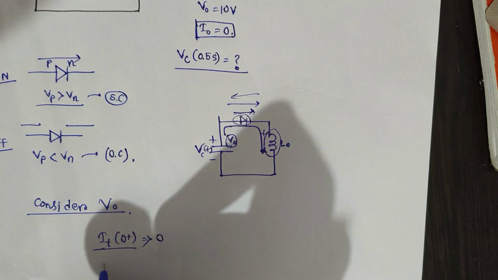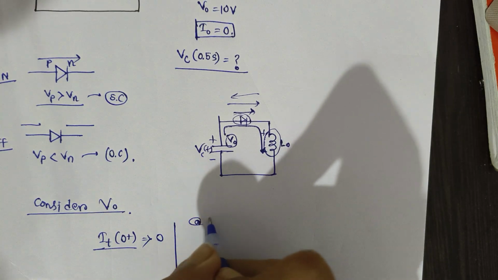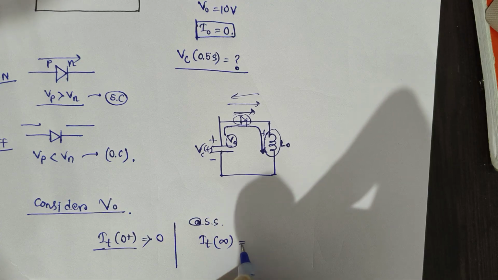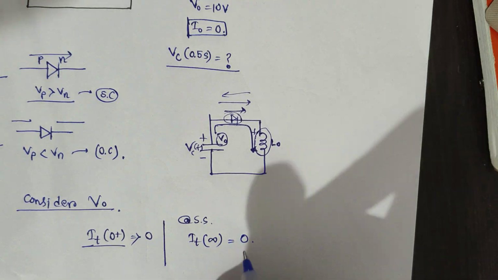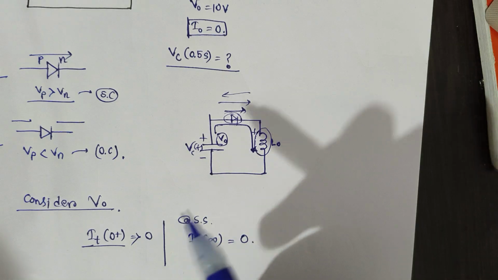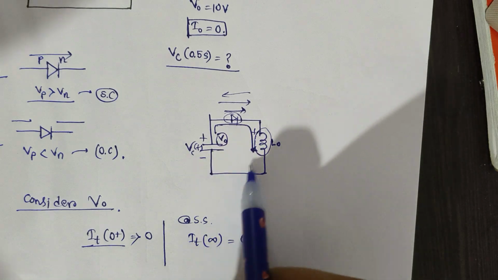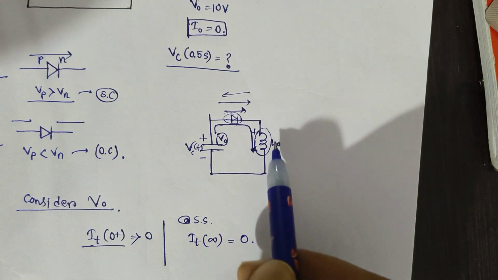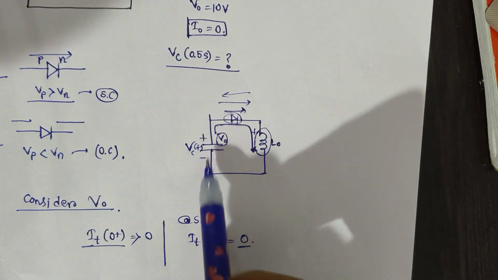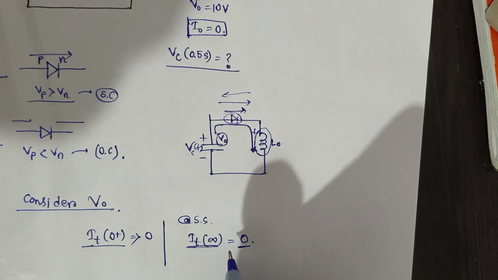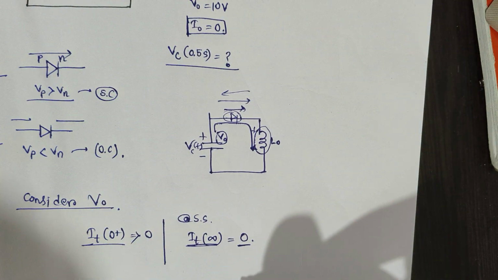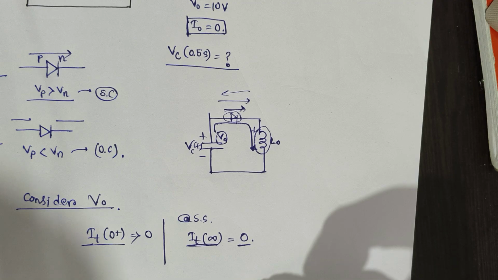I(0+) equal to 0, and at steady state I(infinity) equal to also 0. Why? At steady state the capacitor will be open circuit, and then no current flows through this circuit, so the inductor current IL(infinity) equals 0.